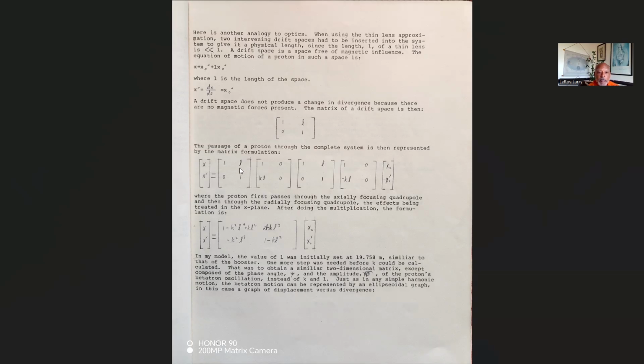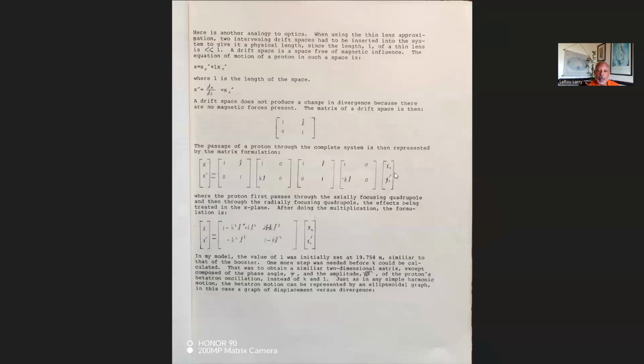Once again, x0 and x0 prime, that in the radial or horizontally focusing direction, that's the phase space position of the proton with respect to the z-axis, that central trajectory.